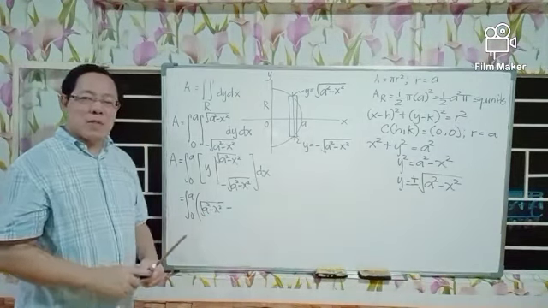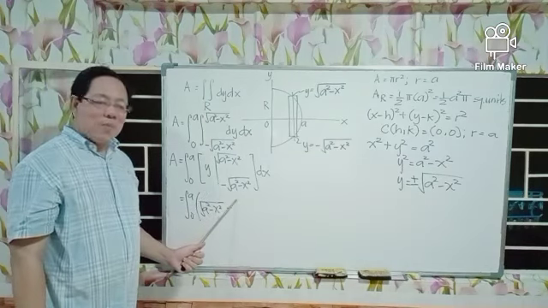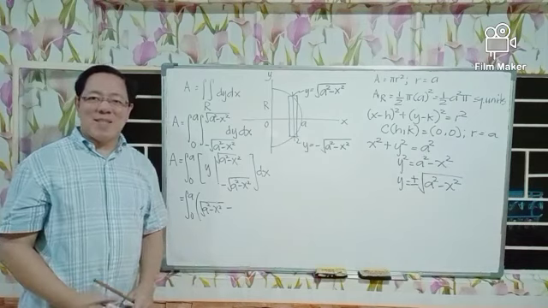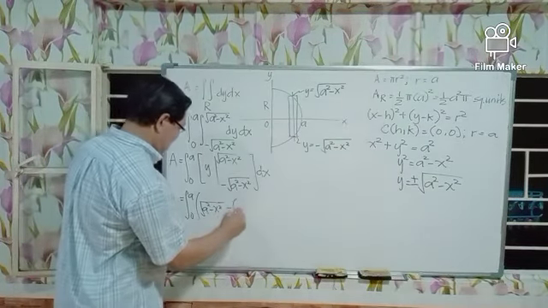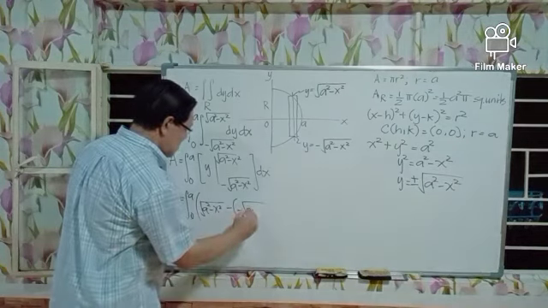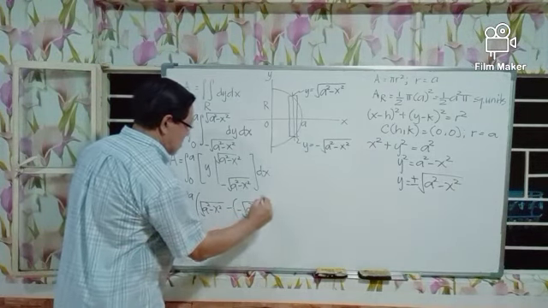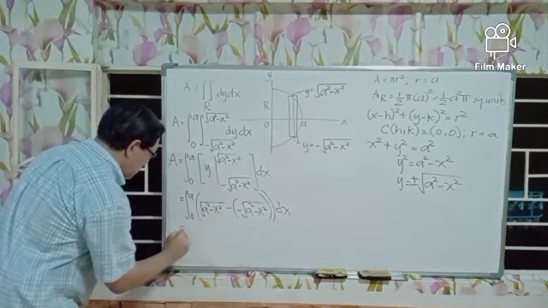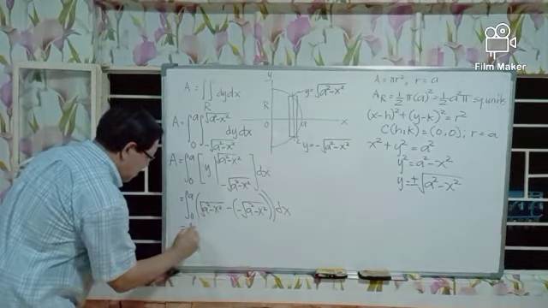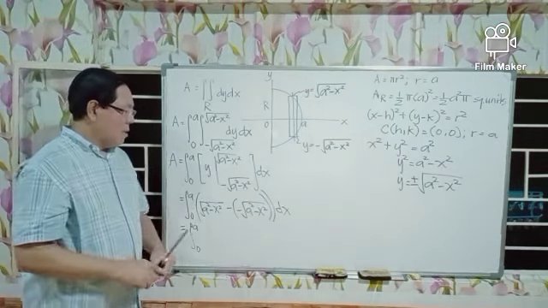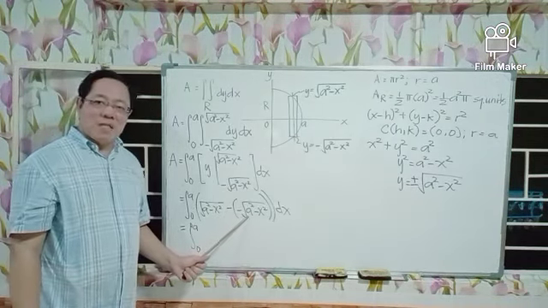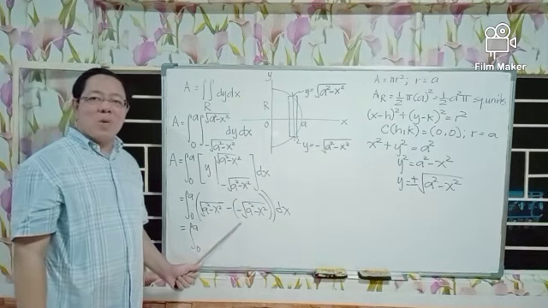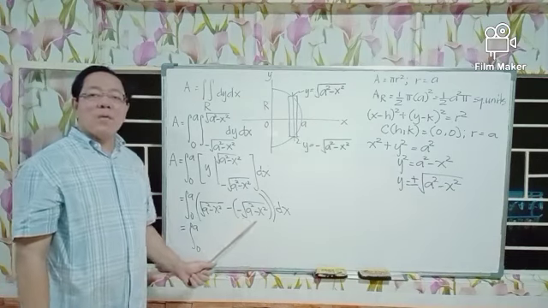Minus, when you replace y with the negative, minus negative is plus, square root of a squared minus x squared. This negative times negative is positive. And you have square root of a squared minus x squared plus square root of a squared minus x squared.